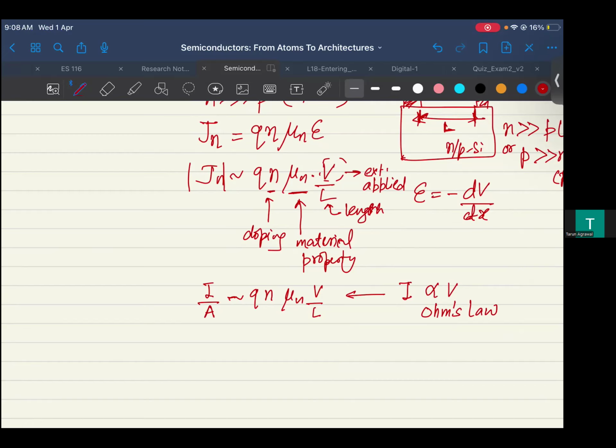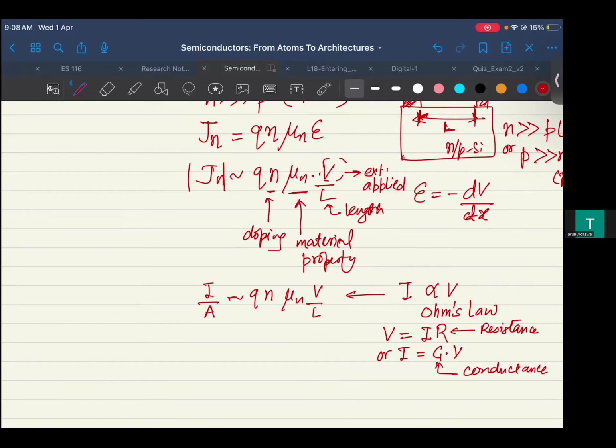And then he said that V is equal to IR, or I is equal to G times V. R is what we call the resistance of the wire, or whatever material you are flowing this current through, and G is what we know as the conductance.